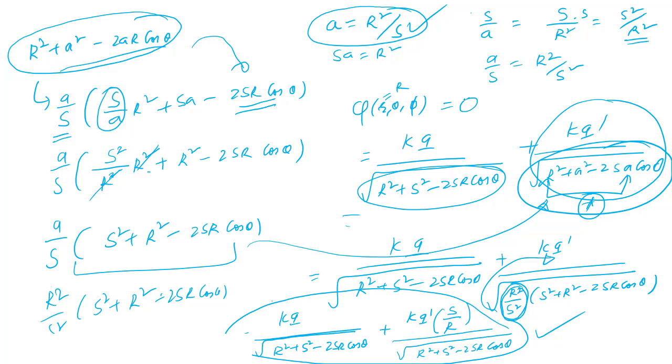We just started with the assumption that the image charge is Q prime and it is placed at a distance A, and by picking a particular distance, A equal to R squared by S, where R is the radius of the given sphere, and S is where the positive charge plus Q, the real physical charge, is placed, right? And by doing some mathematical manipulation there, we were able to get to this state.